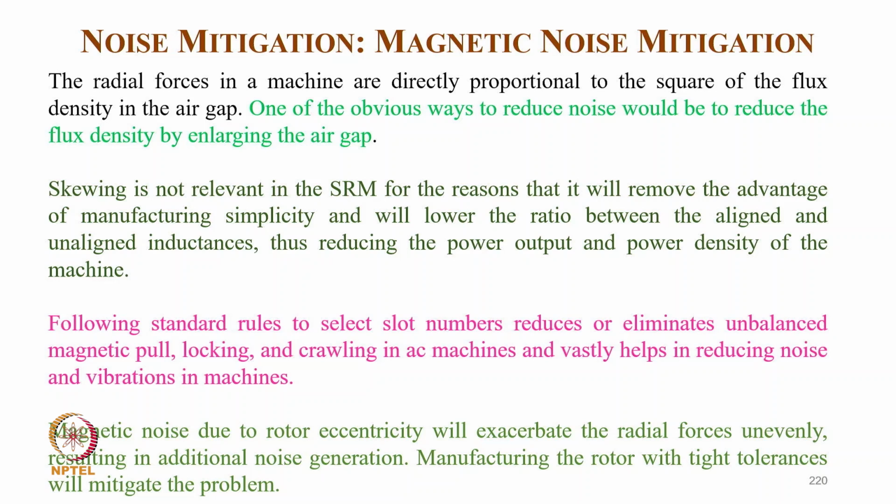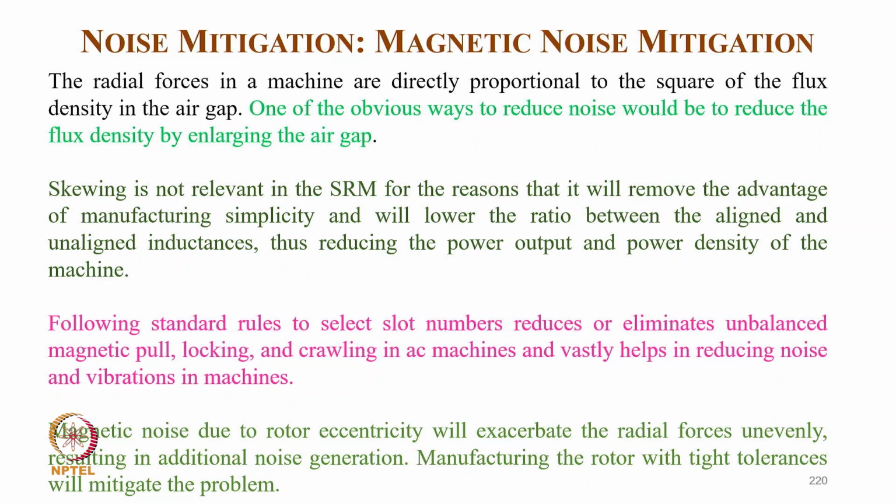So now noise mitigation, that is, magnetic noise mitigation. The radial forces in a machine are directly proportional to the square of the flux density in the air gap. One of the obvious ways to reduce the noise would be to reduce the flux density by enlarging the air gap. Skewing is not relevant in the reluctance motor, because it will remove the advantage of manufacturing simplicity and will lower the ratio between the aligned and unaligned inductance, thus reducing the power output and power density of the machine.